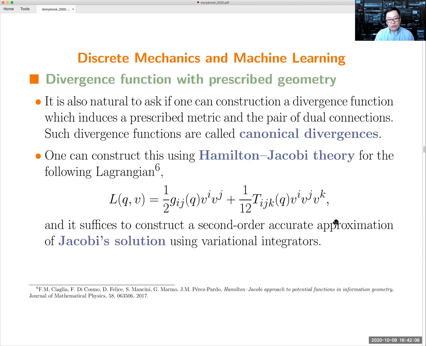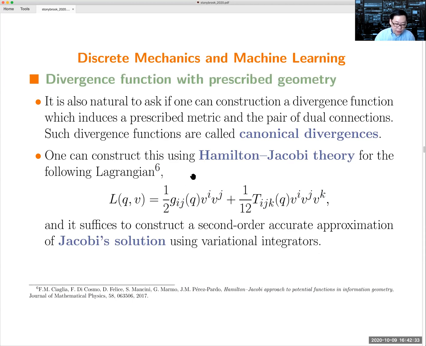Then there's not really a converse, but again the issue of canonical divergences, which is to say: if you have a divergence function which induces a prescribed metric and a pair of dual connections, how do you find a divergence function which induces those things? One way to do this is to look at the Hamilton-Jacobi theory for the following Lagrangian.